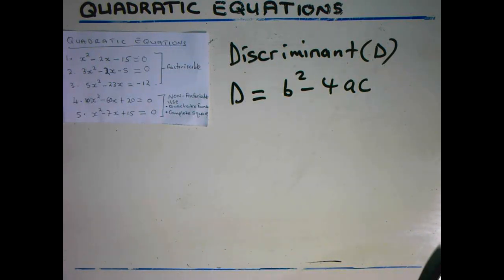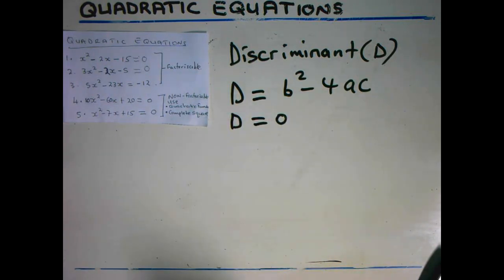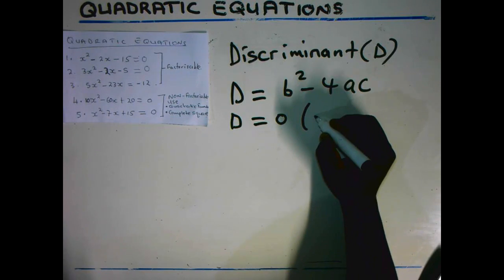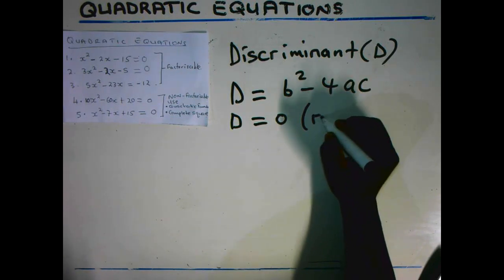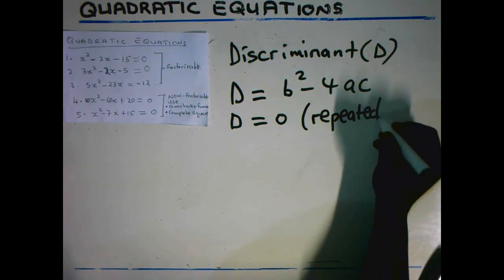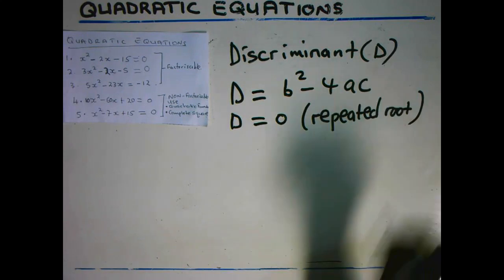What does it mean? Suppose you find D and establish it is equal to 0, it means the quadratic equation has a repeated root. I hope you understand what I mean here.